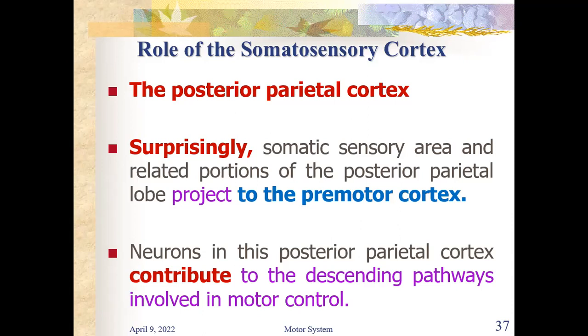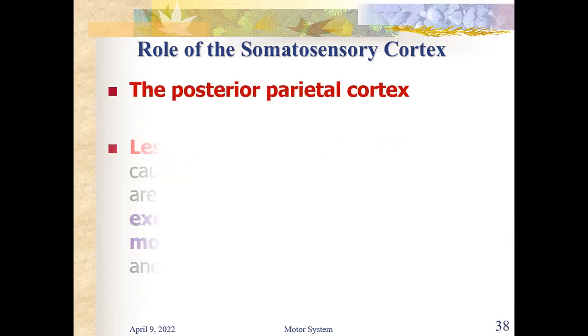So neurons in this posterior parietal cortex also contribute to the descending pathways. We said 40%. 40% of the descending tracts are contributed by the posterior parietal cortex. So the posterior parietal cortex contributes descending pathways that are involved in motor control as well.